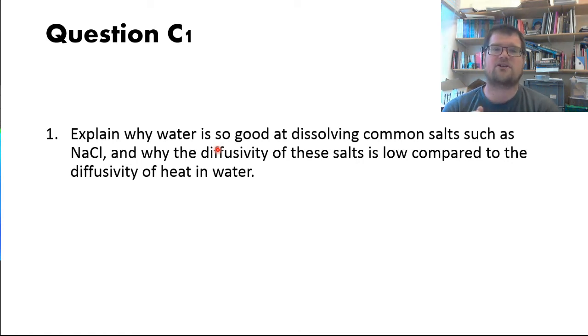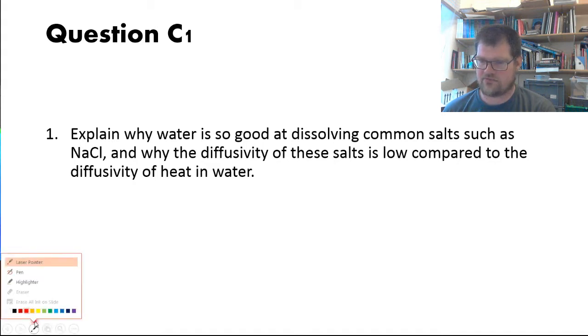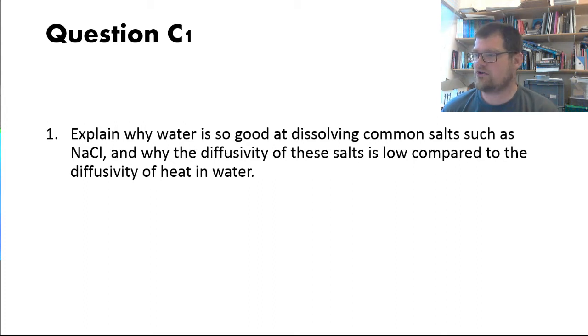So one of the things you really should do with exam questions is really read the question and try and pick apart what it's actually asking you to do. Okay, so this question here has got two parts. The first one is we're asking you to explain. That's a key word there. Why water is good at dissolving things.